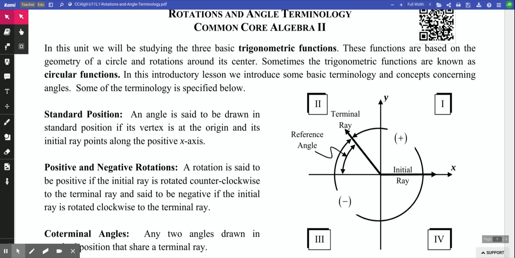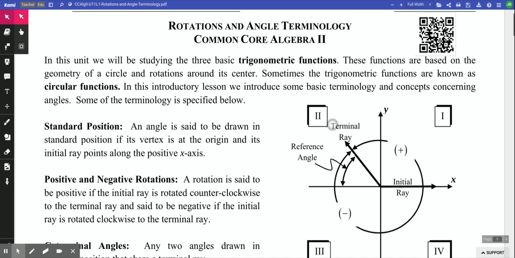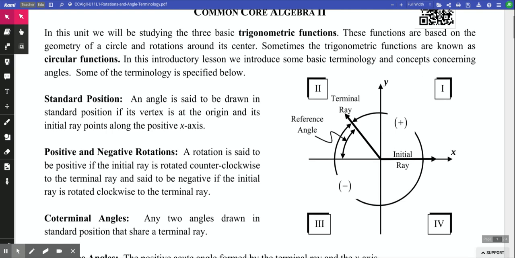You have your initial ray and your terminal ray, and they form an angle. Now, on the coordinate grid here that we have, an angle is said to be in standard position if the initial ray goes from the positive x direction.